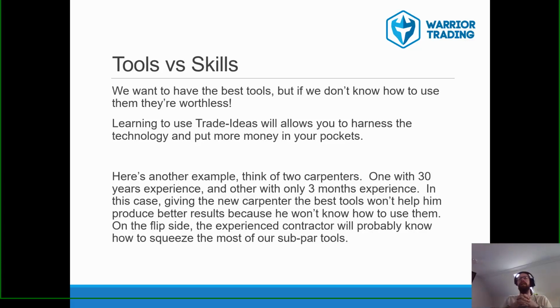So something that I sometimes think about is if you compare 2 carpenters, one carpenter with 30 years of experience and then his apprentice with 3 months of experience. The carpenter with lots and lots of experience will very likely be able to make something incredible using minimal tools, using not the best tools or using an older tool. Whereas the new carpenter with 3 months of experience, you can give him the best tools in the world and he's not going to know what to do with them.